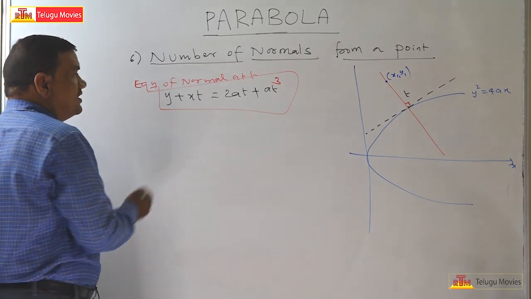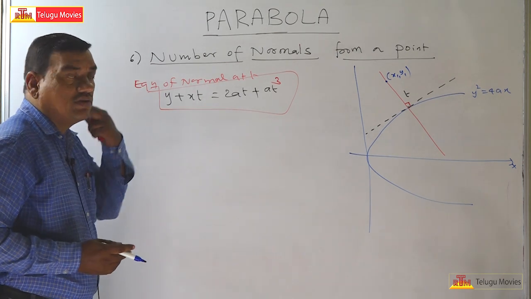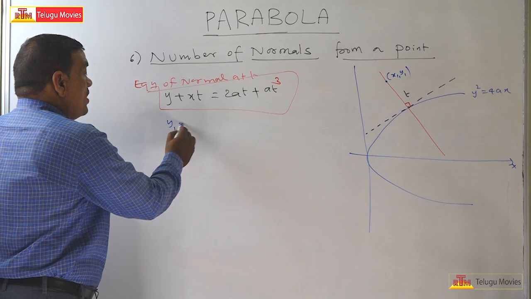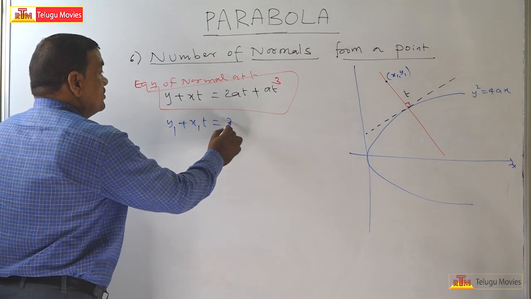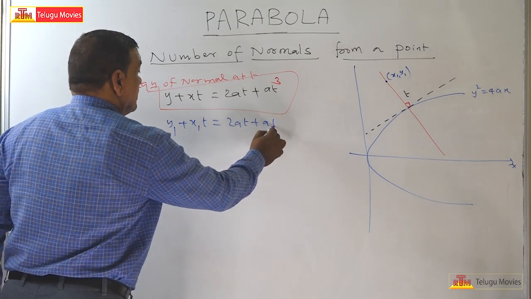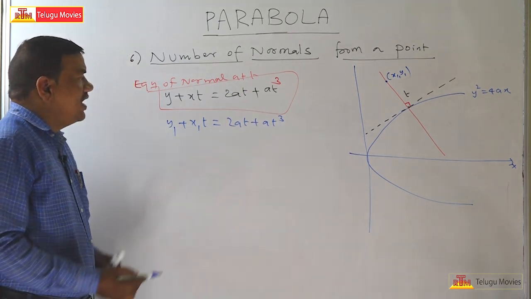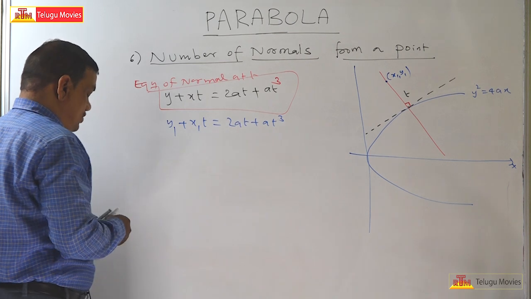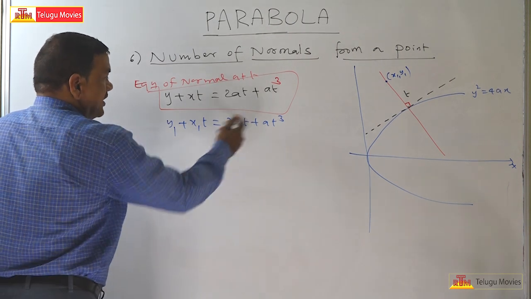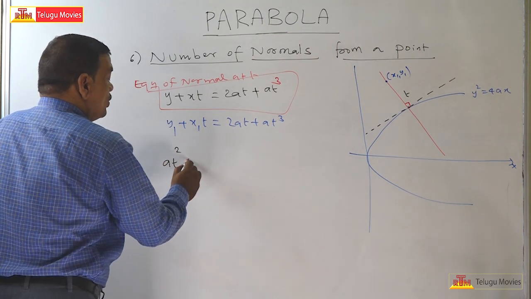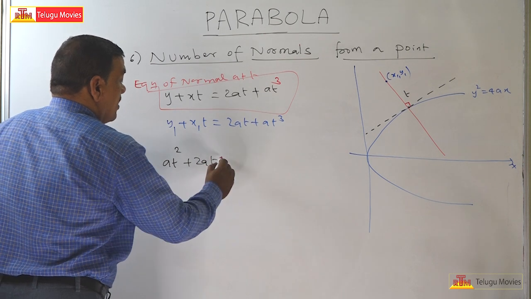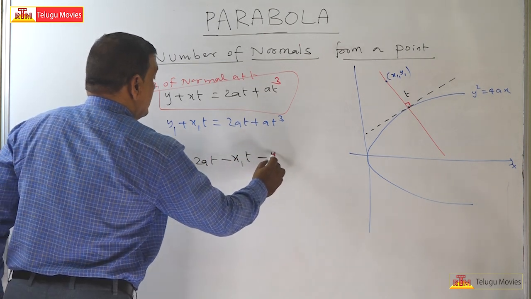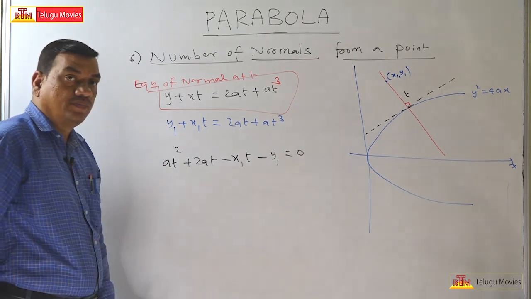Let us substitute here. Since the normal passes through the point x1 comma y1, we have y1 plus x1t is equal to 2at plus at cube. Now let us simplify this in order. This is written as at cube plus 2at minus x1t minus y1 is equal to 0.